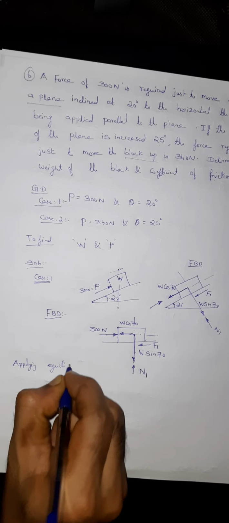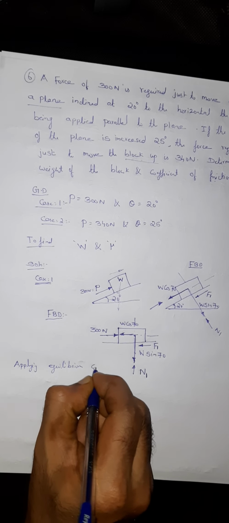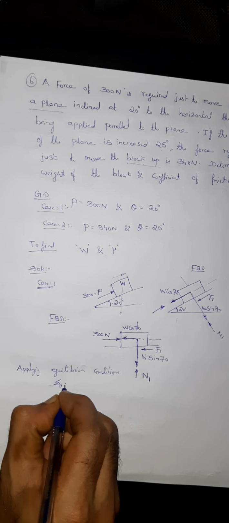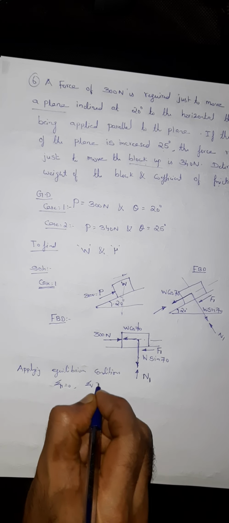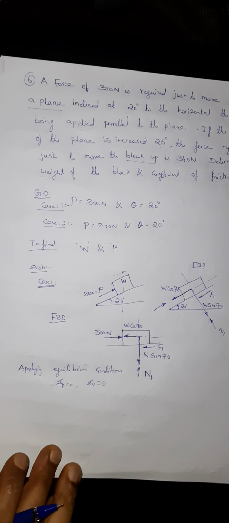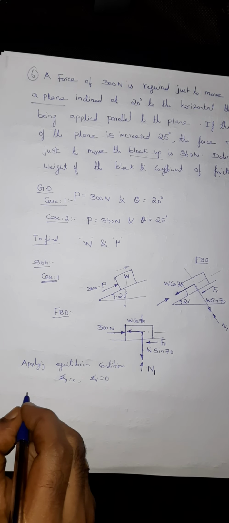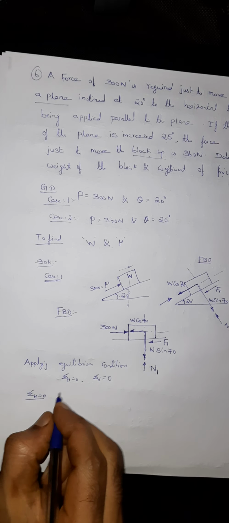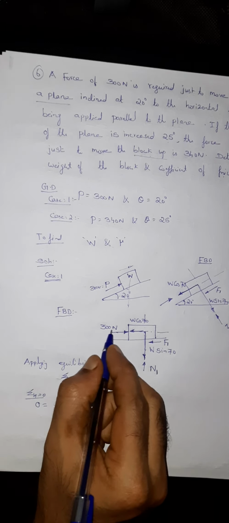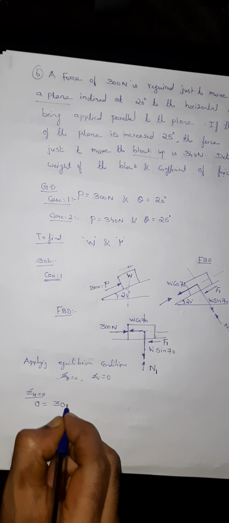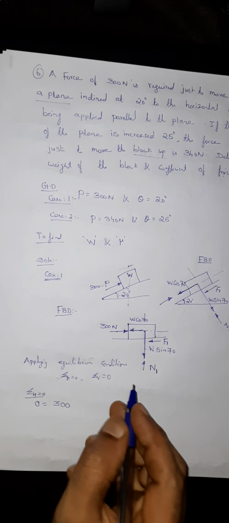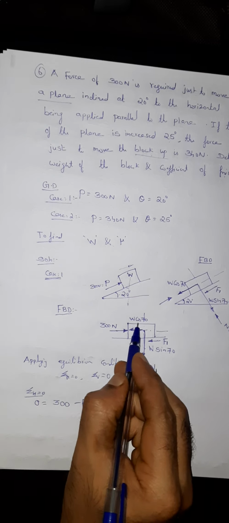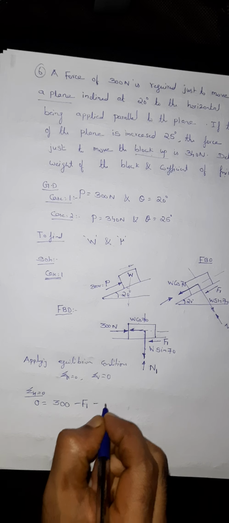Now I'm going to apply the equilibrium condition. What is the condition? Summation H equal to 0 and summation V equal to 0. Correct? So let's first resolve the horizontal forces. 0 equal to 300 in the positive direction, F1 in the negative direction, and the weight component W cos 70 in the negative direction.